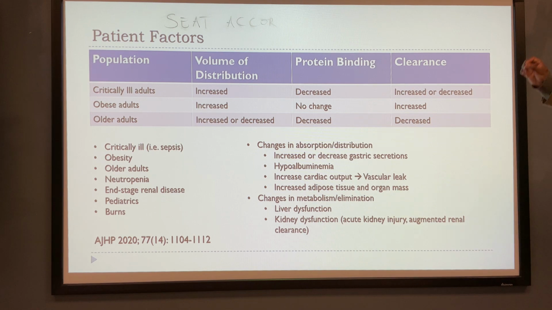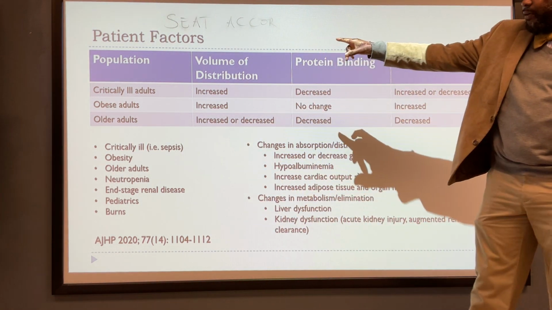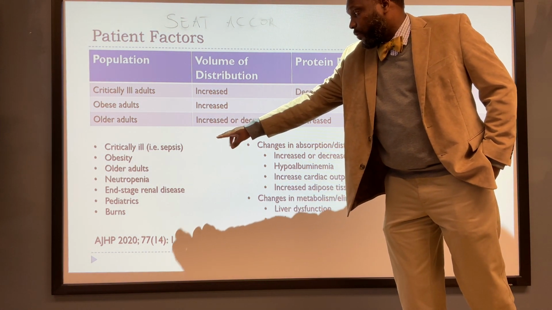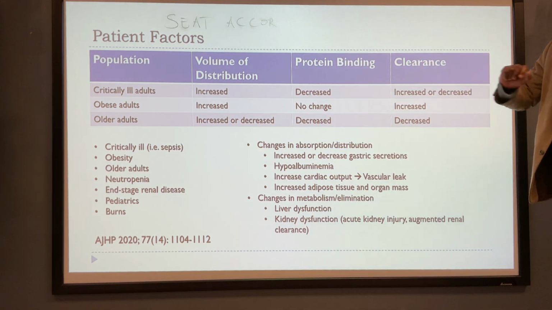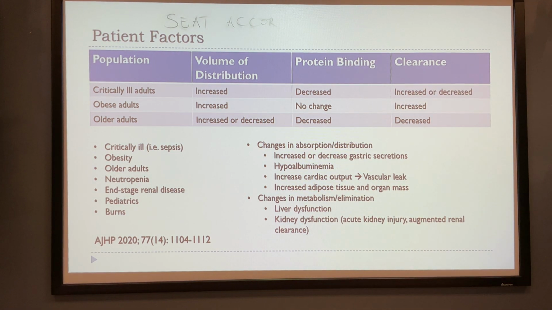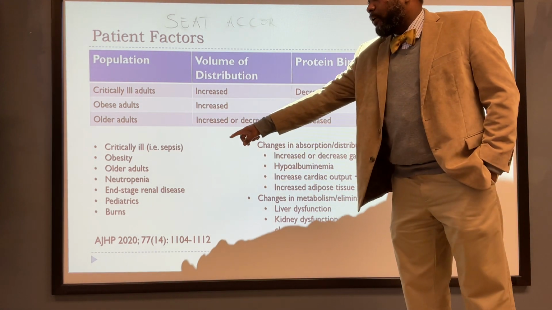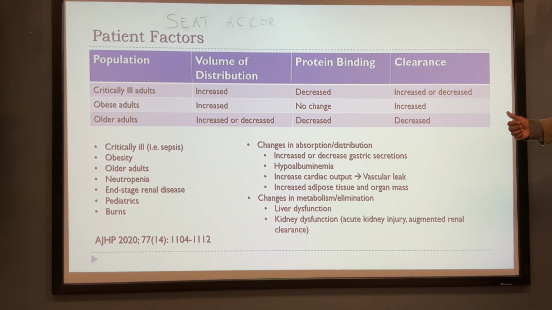I also put some different disease states. I mentioned critically ill, but let's say the person is neutropenic, or that they have end-stage renal dysfunction. Pediatric patients typically have variable pharmacokinetics. Burn patients typically have increases in volume of distribution and clearance.